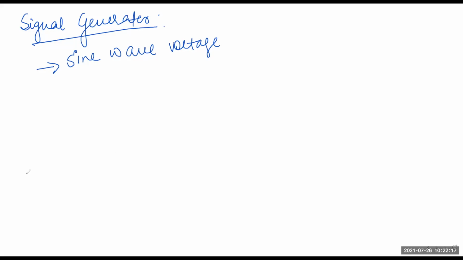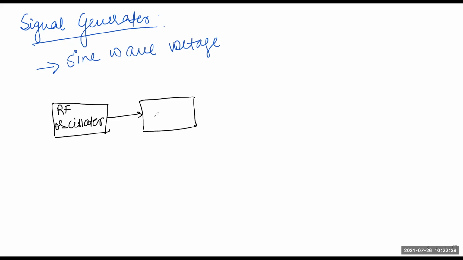So I'm showing you a simple signal generator picture. Just have a look. First of all, you will have an RF oscillator. Then here an amplifier. Then an output attenuator.